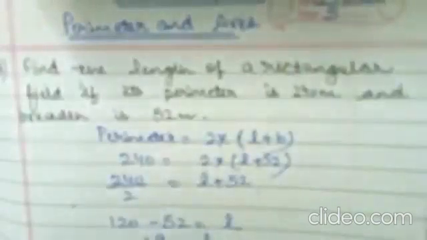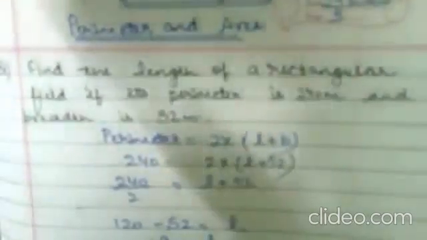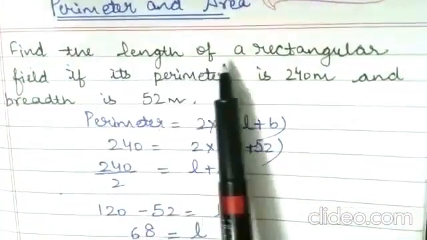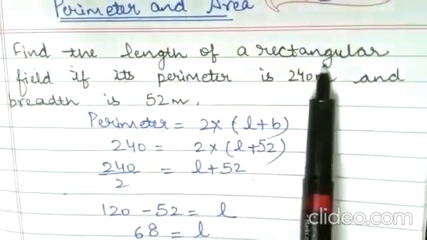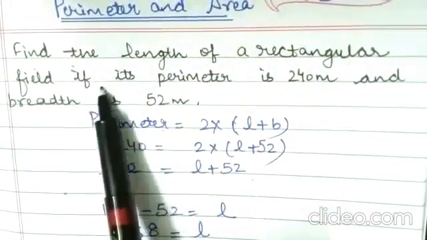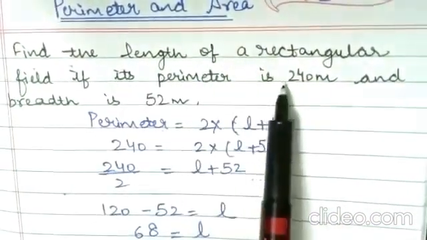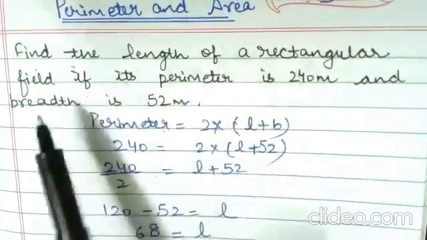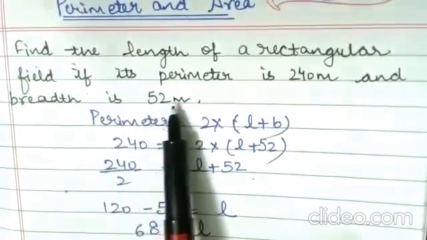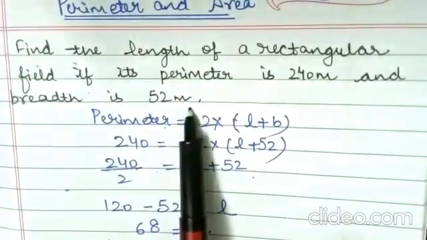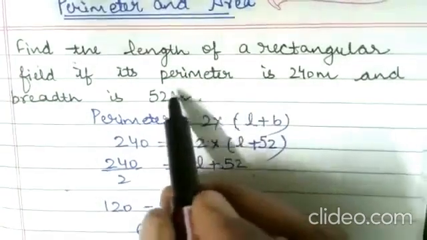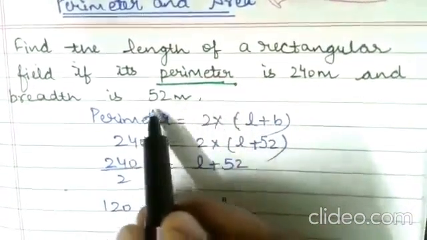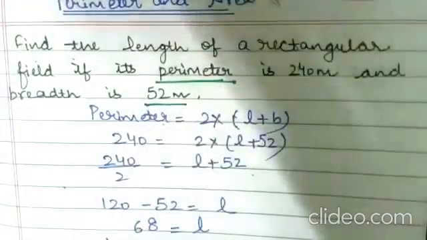Now the next question is, find the length of a rectangular field if its perimeter is 240 meter given to you and breadth is 52 meter given to you. Now children, perimeter is given to you and breadth is given to you.